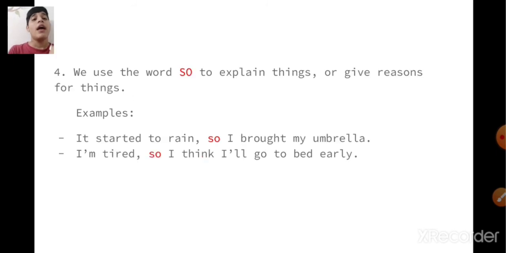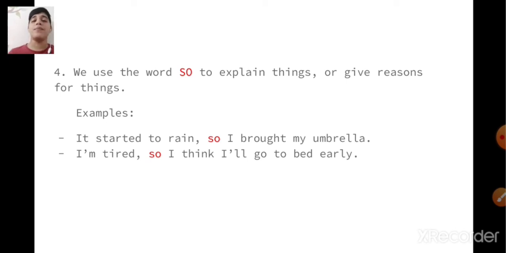Okay, and number 4, guys, we have the word so, that we use to explain things or give reason for things. For example, it started to rain, so I brought my umbrella. Okay, so we are explaining why we brought an umbrella, because it started to rain.